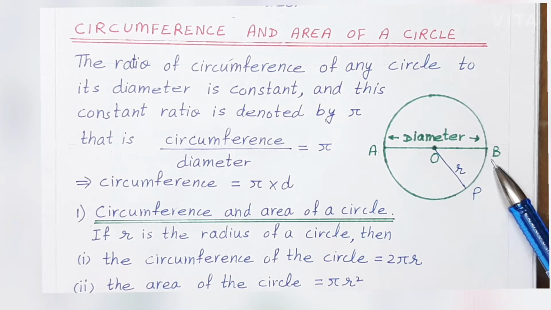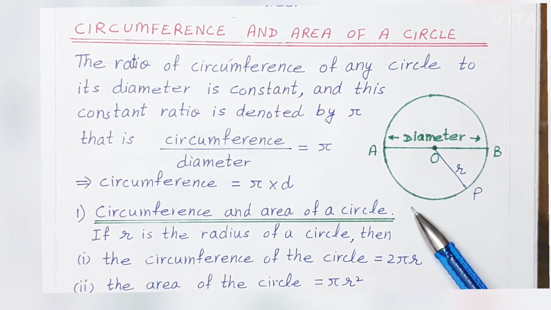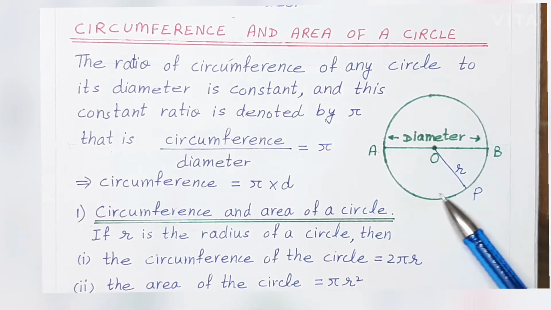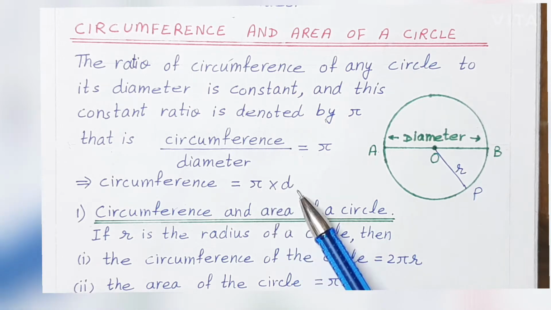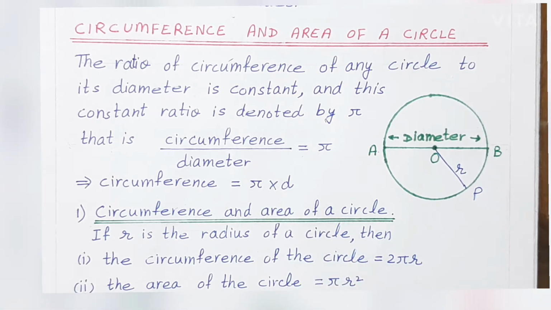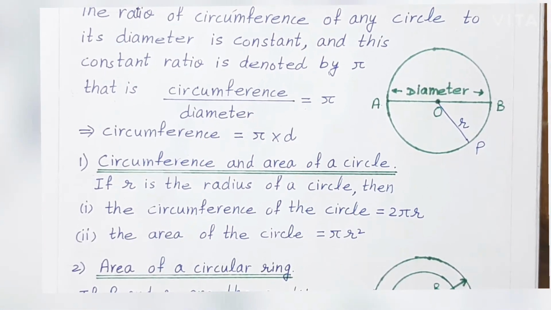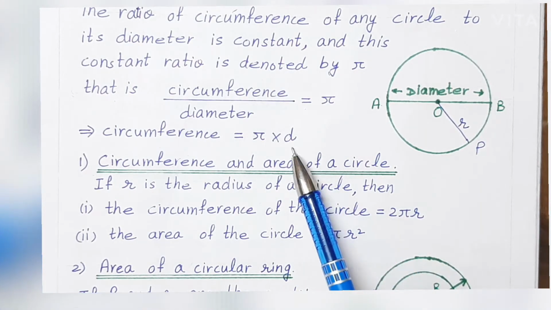Clear? So, what is the circumference of the circle? That is pi d, or you can say 2 pi r. Clear? Why 2 pi r? Because d is equal to 2r. Clear?